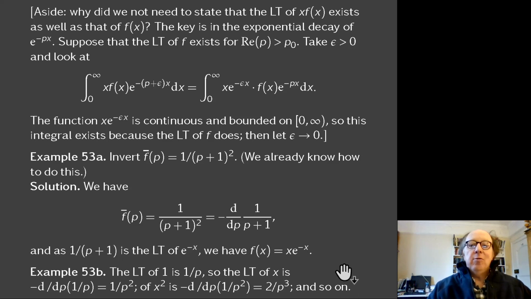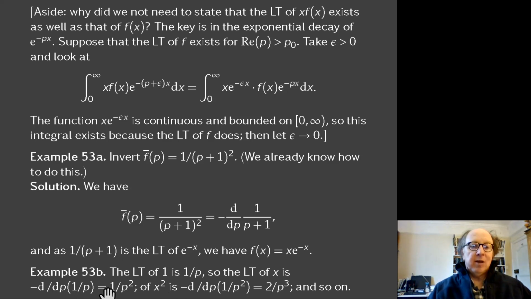All these are little Laplace transform tricks that will make your life very much easier when you're coming to doing actual problems. Another example: the transform of 1 is 1 over p, so the transform of x times 1 is just minus d by dp of 1 over p, which is 1 over p squared.